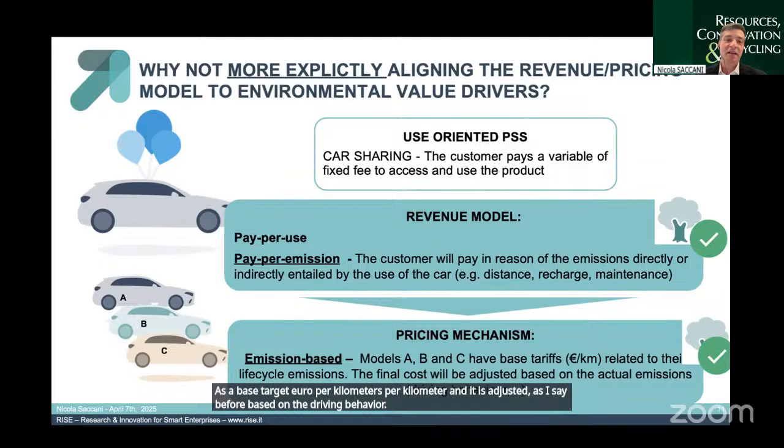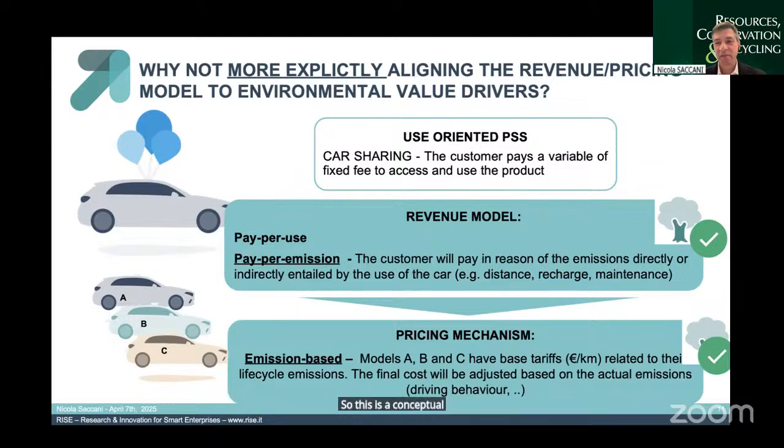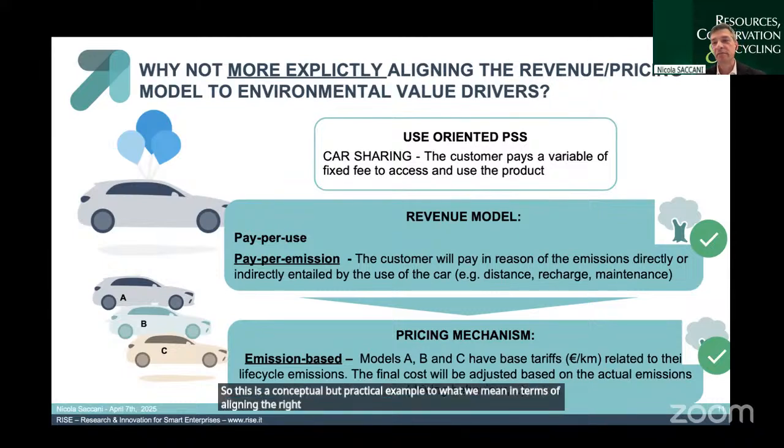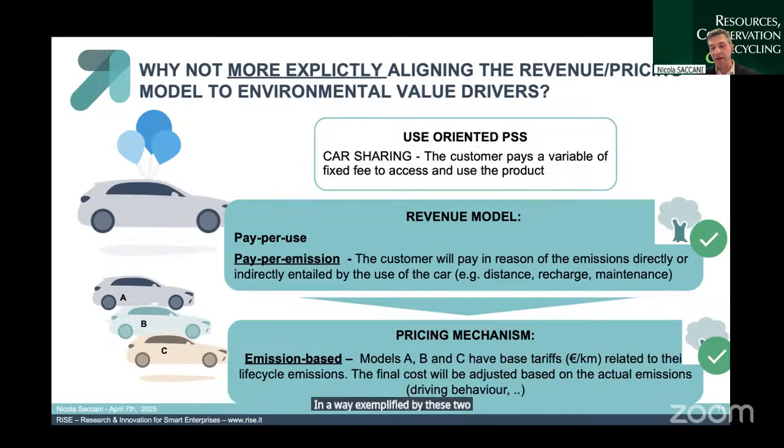So this is a conceptual but practical example of what we mean in terms of aligning the revenue and pricing mechanism to the characteristics of the PSS offerings. And basically what we wanted to show or explore with the paper is, in a way, exemplified by a couple of examples.